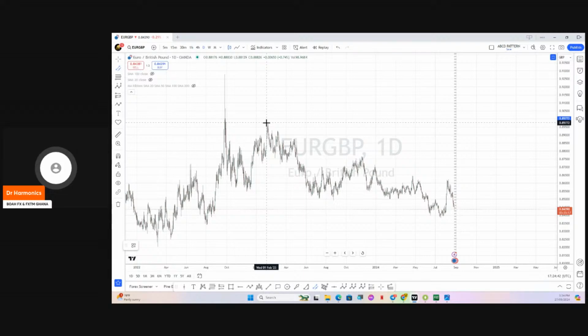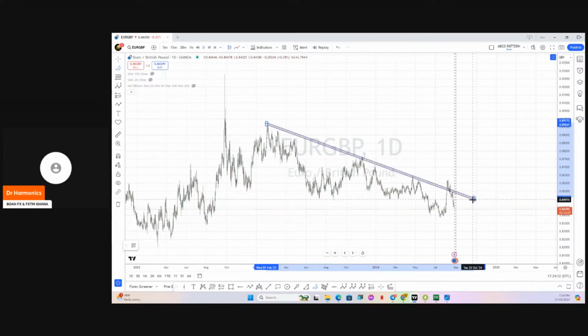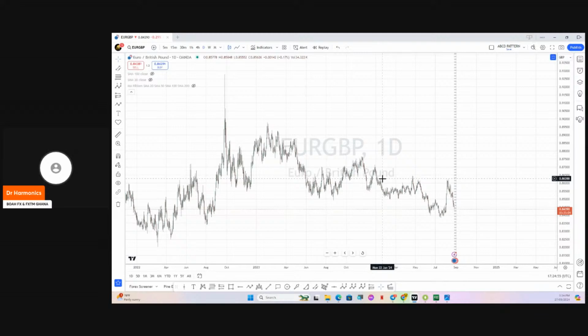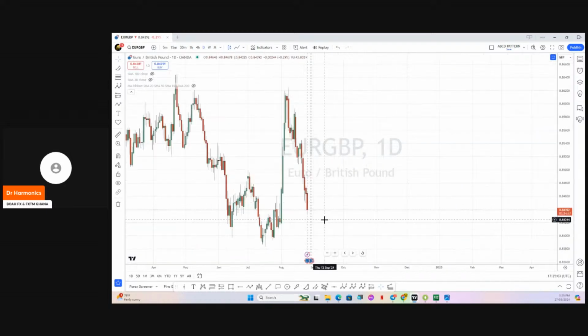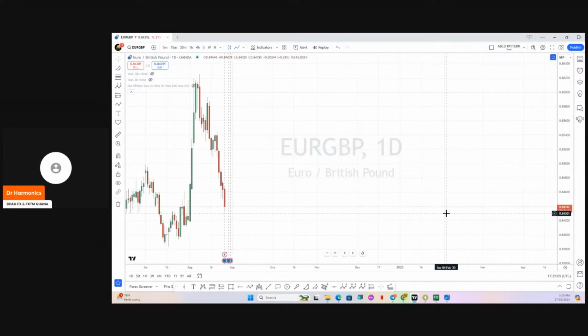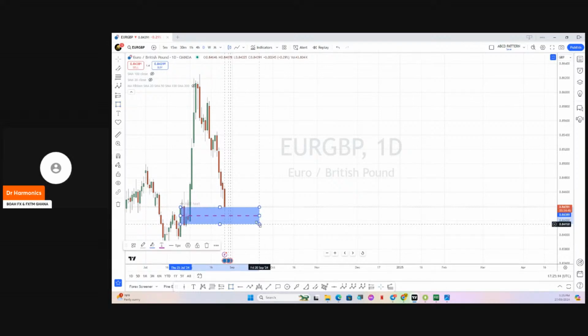Euro pound doesn't look like my regular setup. Unless probably he wants to come to this other block and go up.